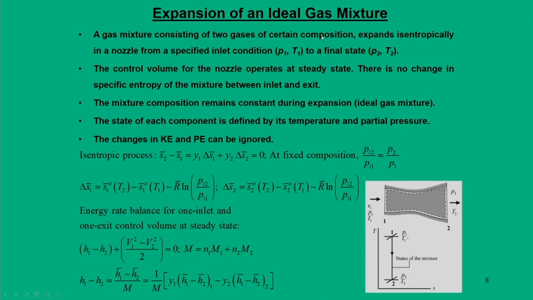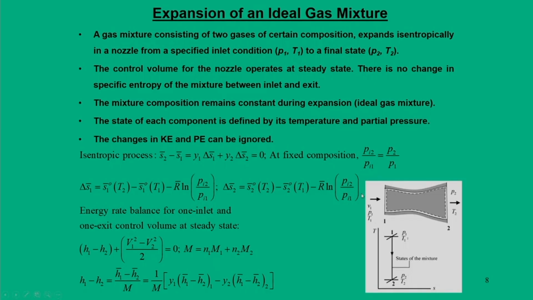When I say expansion, one typical expansion process, as you can see, is a gas from its initial state P1, V1, T1 expanding in a nozzle. This is a schematic diagram of a nozzle. The characteristic feature of the nozzle is that the flow expands in it, and the process in this nozzle is normally treated as an isentropic process.